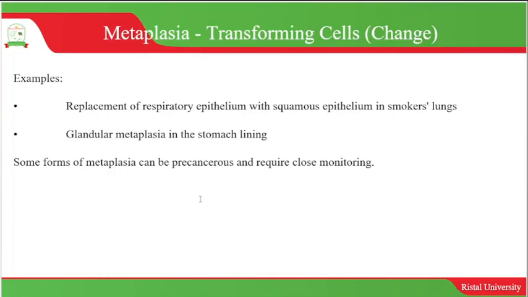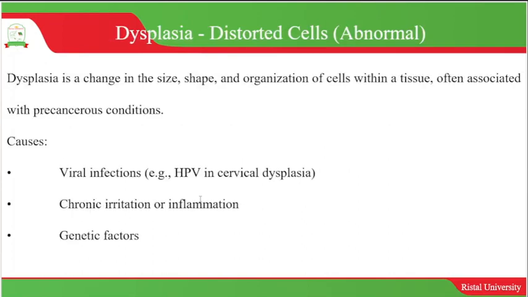So some forms of metaplasia may be precancerous and require close monitoring. So as pathophysiologists, we should be able to monitor certain types of transformations, precancerous before they become cancerous, and we should be able to intervene very quickly before excessive damage or non-reversible changes occur in our cells.